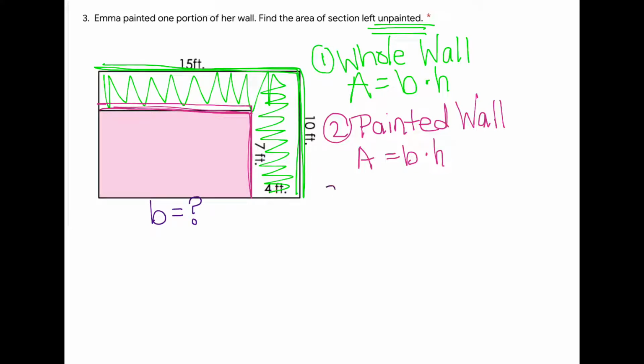Okay, so that will be our step 3. We need to find our base. We know that the base of the whole wall is 15, and we know the base of the unpainted wall is 4. So to find this section, we can take our whole wall base minus the unpainted base.